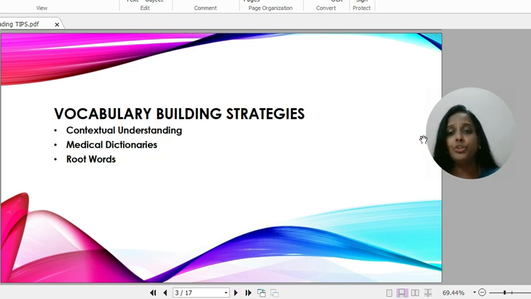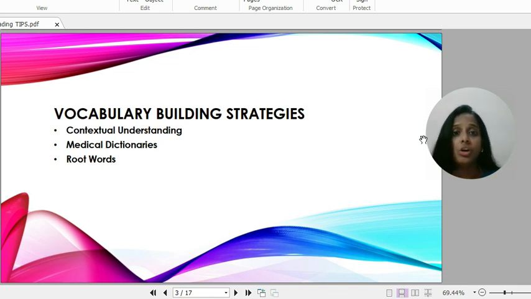Let's see how to build your vocabulary using various strategies. As medical professionals, you are likely familiar with medical terminology, but when encountering an unfamiliar word, the surrounding context can help you infer its meaning, right?